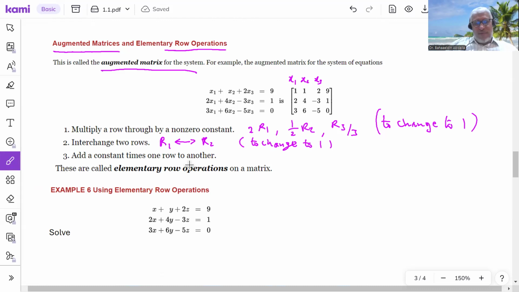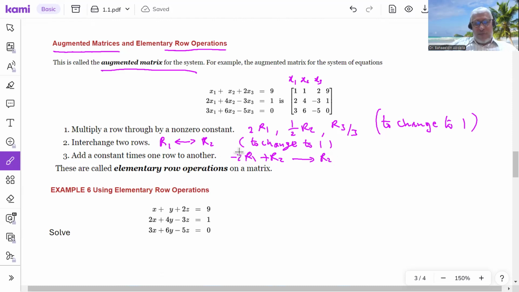The third one is used only to change numbers to zeros, okay? Add a constant times one row to another. So for example, I have 1, 2, 3 here. If I want to make this 2 a 0, what should I do? I multiply the first row by negative 2 and add to row 2 and change row 2 by the result of this transformation.